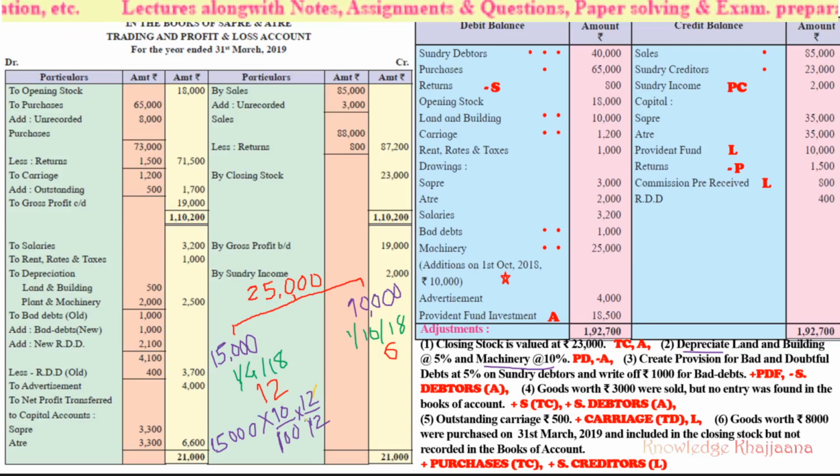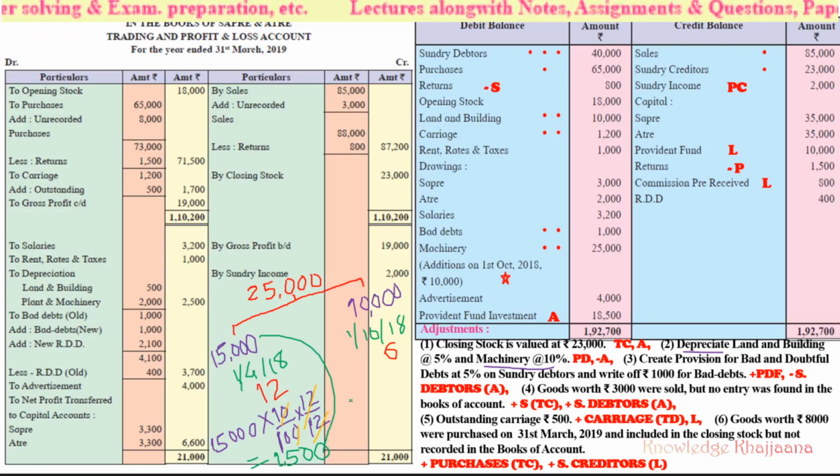So 10% of 15,000 is rupees 1,500. So rupees 1,500 is the depreciation on the machinery which was with them since the start of the year.